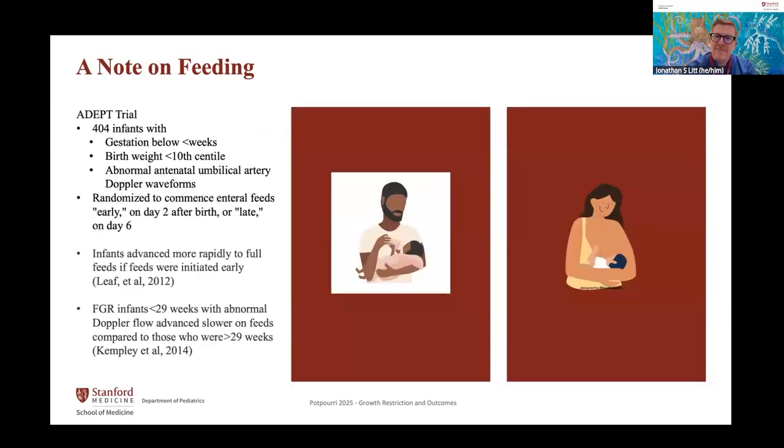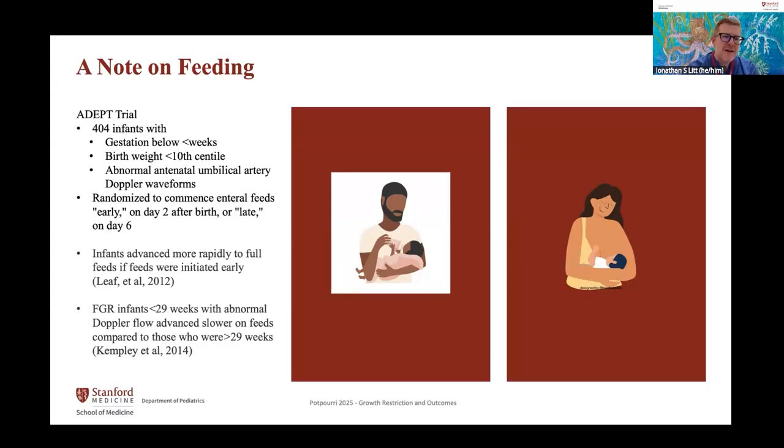But how concerned really should we be? So in this trial, 404 infants who were born early, I'm sorry, that should show below 36 weeks, and birth weight under the 10th percentile, so they're SGA, and had abnormal antenatal umbilical artery Dopplers, were randomized to early or later feeding, as described there.